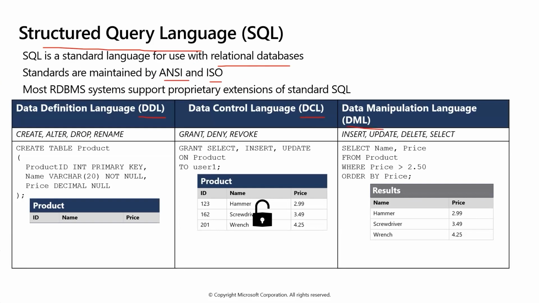Now, what are these 3 categories? Let's understand that. When I talk about data definition language, all the queries of SQL which you can use to manage your objects are known as DDL. When I say manage your objects, what do I mean? When you are trying to create something, edit something, drop something, you're basically managing the whole resource.